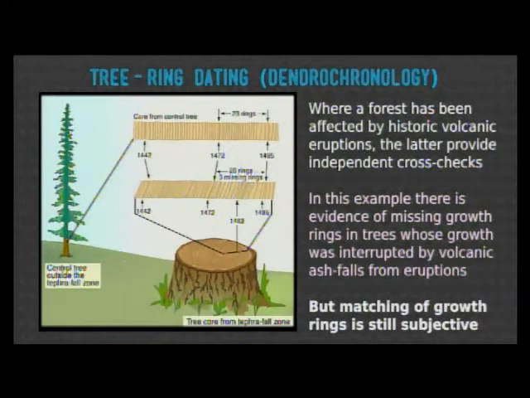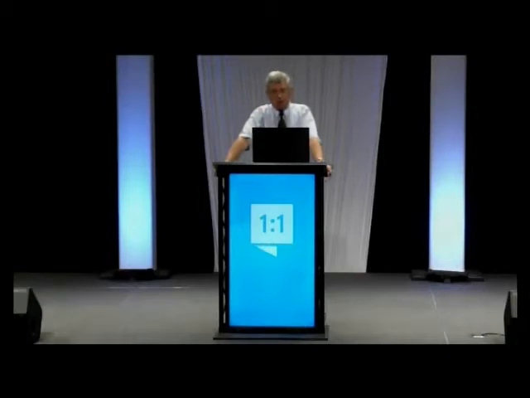Where a forest has been affected by historic volcanic eruptions, that can also provide an independent cross-check. So, for example, you might get a missing growth ring that corresponds to the year of the volcanic eruption. But the problem is this matching of growth rings is still subjective. It's in the eye of the beholder.